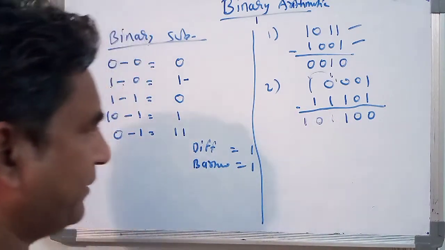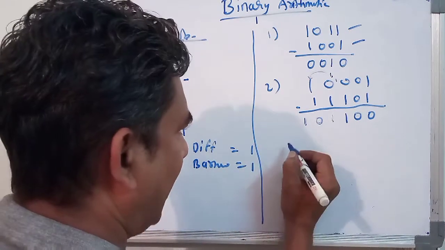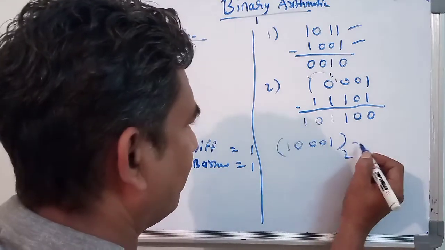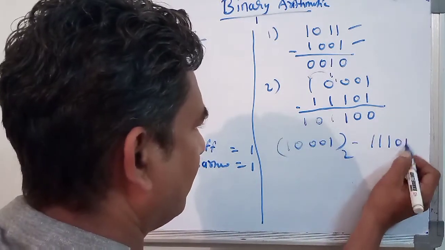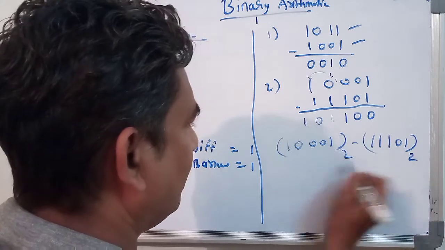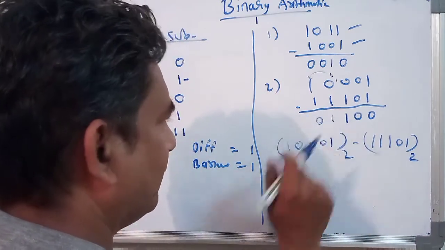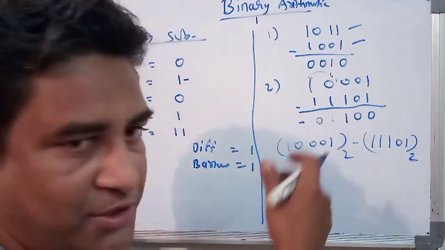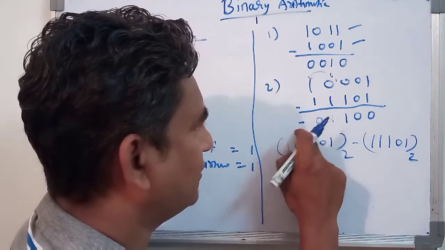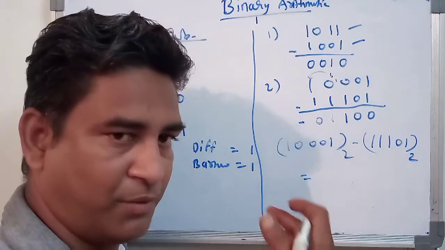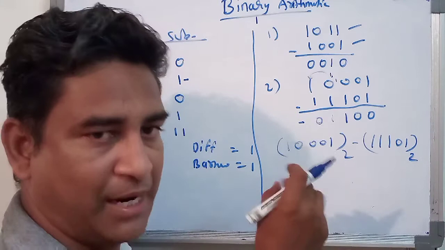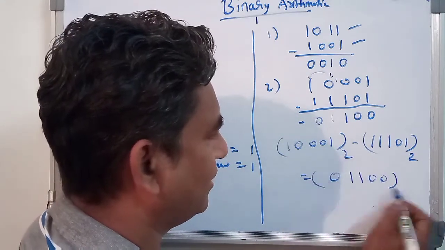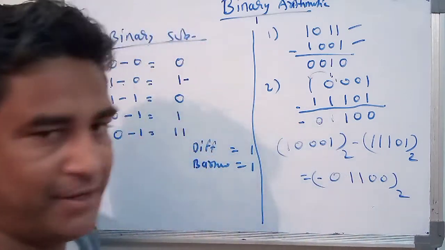So at the end, 10001 with base 2 minus 11101 with base 2 is equal to this one. You have to step off, and instead of that you have to write down the minus because it is a simple subtraction. Okay, this 1 is nothing but a 1. You may write down that 1 also, or you may write down the minus also. So here 01100 is the last answer, but in the minus form.